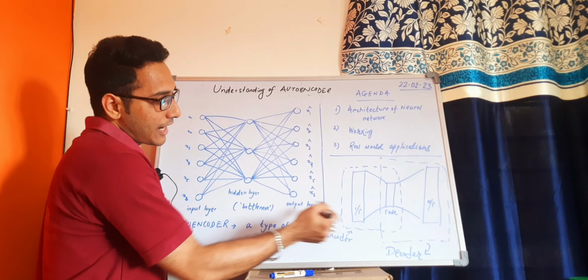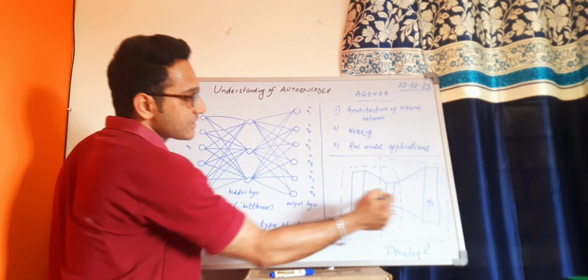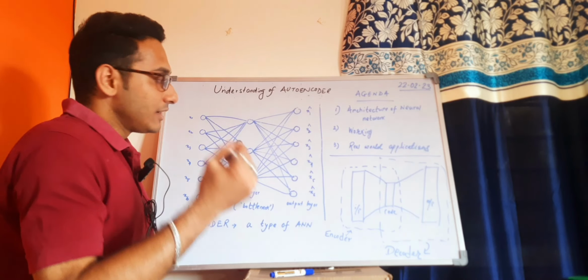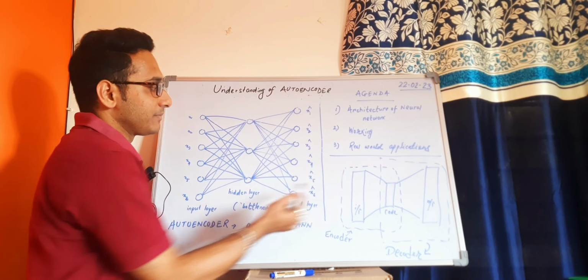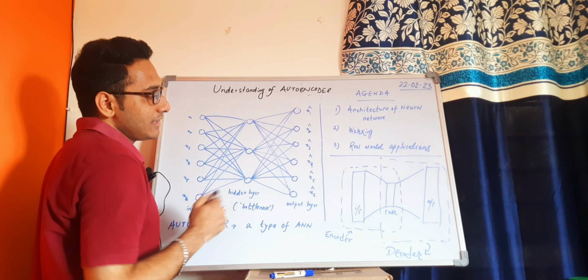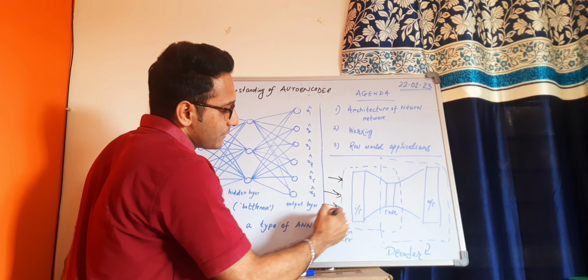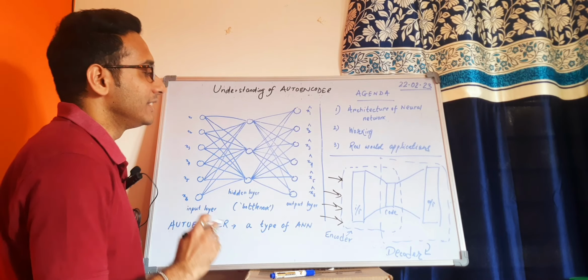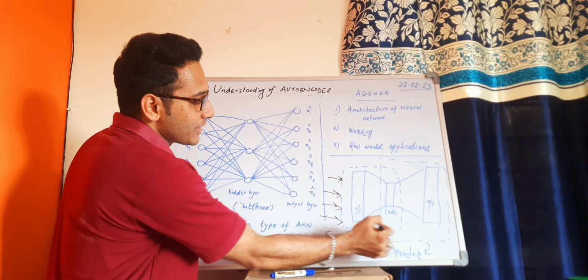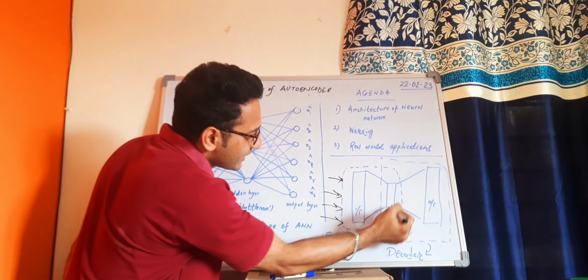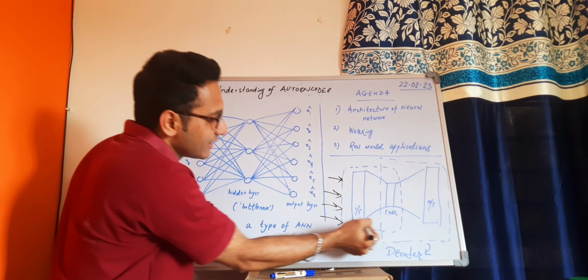So I am explaining to you how this architecture is actually working in a problem statement, right? So suppose there is a high dimensional input data coming from the outside world. Okay, so what is this encoder block, which is dotted, right? See here I have dotted, right?